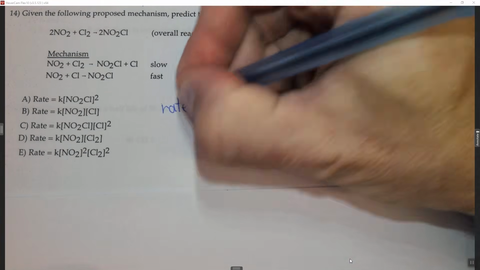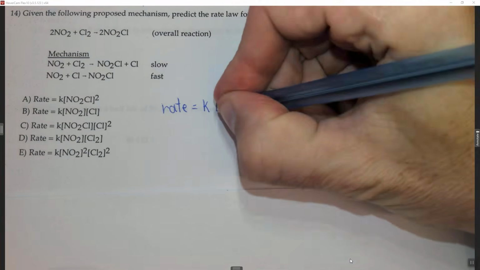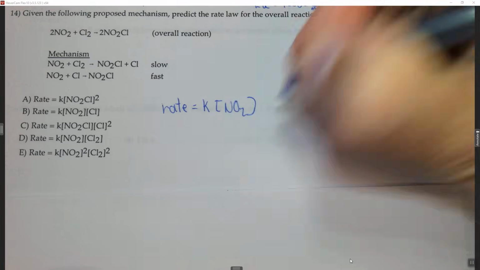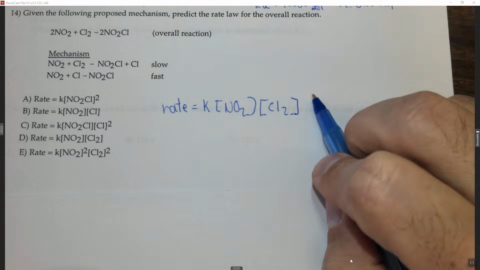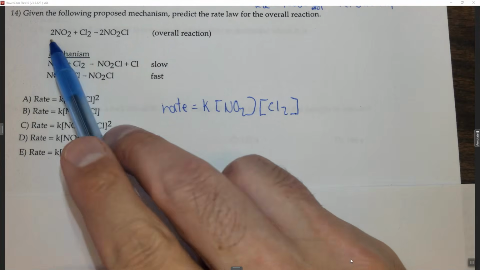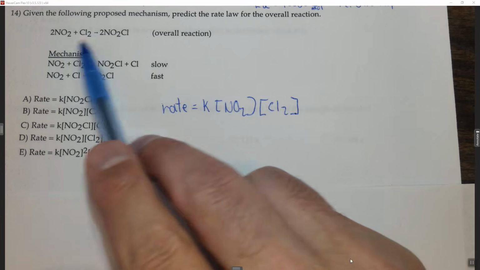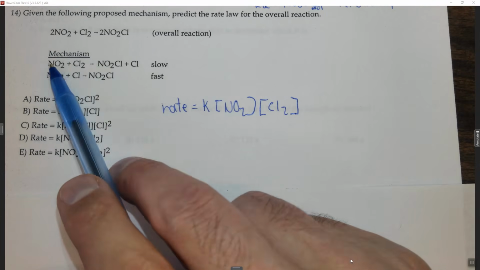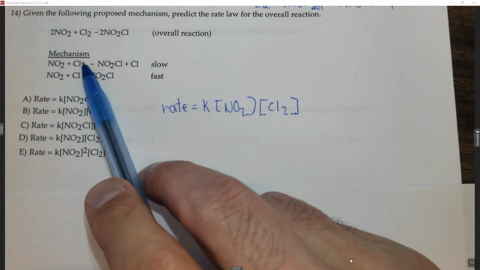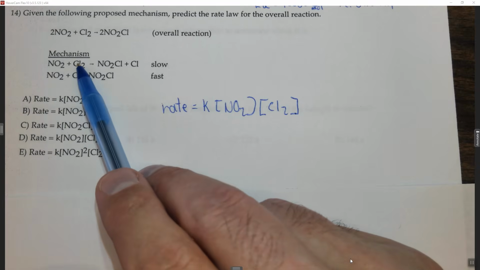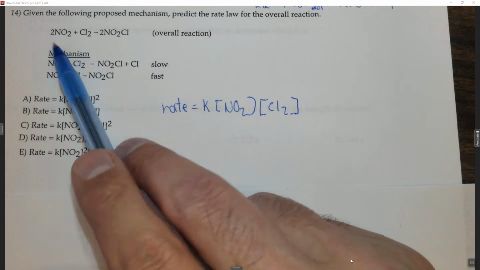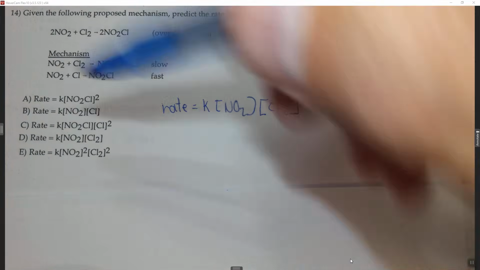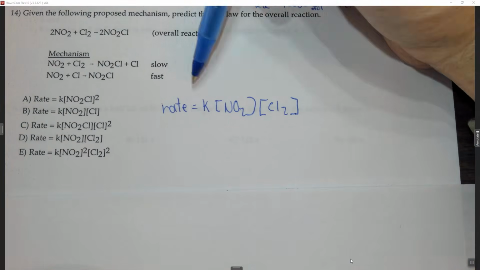Rate equals K, concentration NO2 to the 1, we can use the stoichiometric coefficients, times concentration Cl2 to the 1. Note, we can't use the stoichiometric coefficients in the overall reaction. We have to use them from the slow, elementary, or mechanistic step, because these are not necessarily interacting in the overall reaction, but we know in the slow step these two things are interacting.